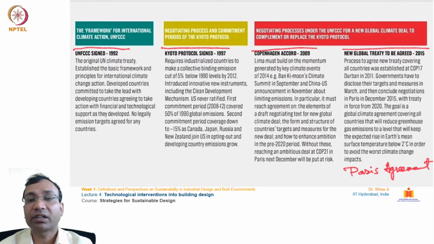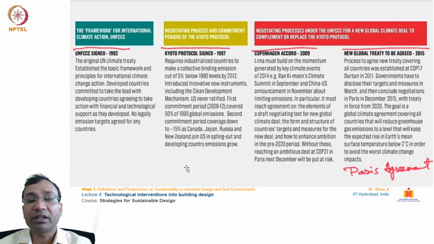Further, we have the Kyoto Protocol, which happened in 1997, and also the negotiating process and commitment period of the Kyoto Protocol. It requires industrialized countries to make a collective binding emission cut of 5% below 1990 levels by 2012. Here it introduced innovative new instruments, including the clean development mechanism.